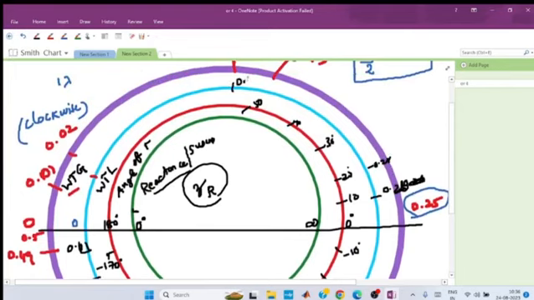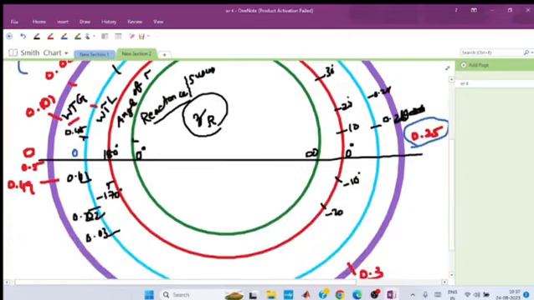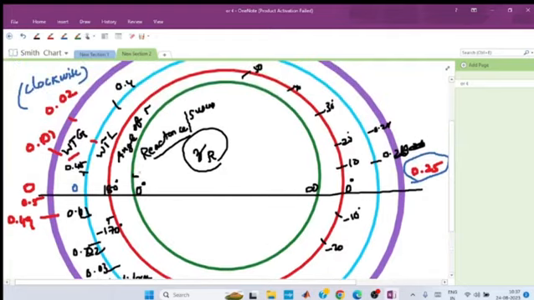Likewise this is 0.4, this is 0.3, and this is again 0.49, right? So instead of clockwise, it varies in which direction? Yes, it is varying in the anti-clockwise direction. This scale is also used for finding the load impedance. So these are the four important scales used in the Smith chart. I hope this is very clear for you, right?